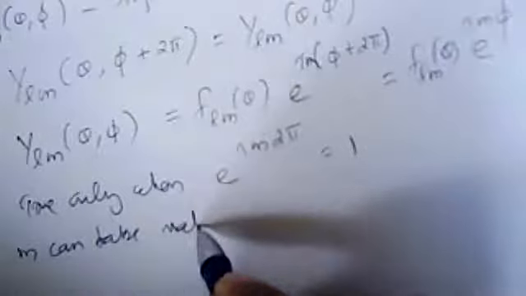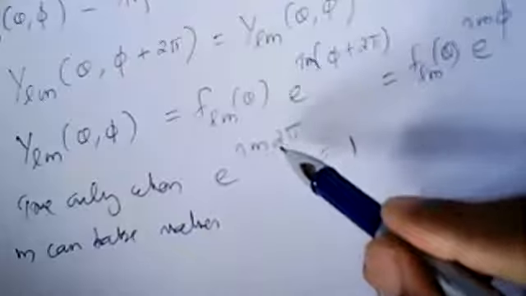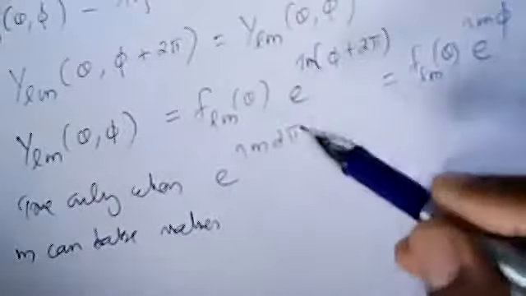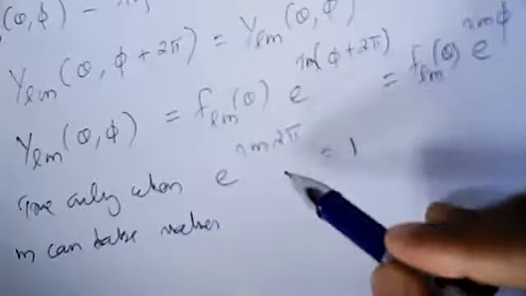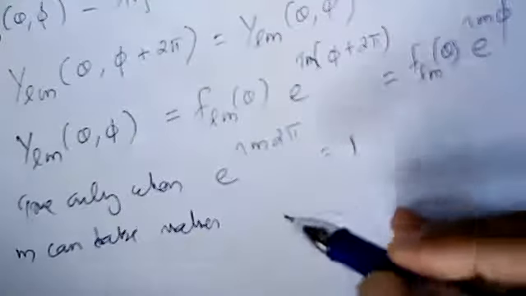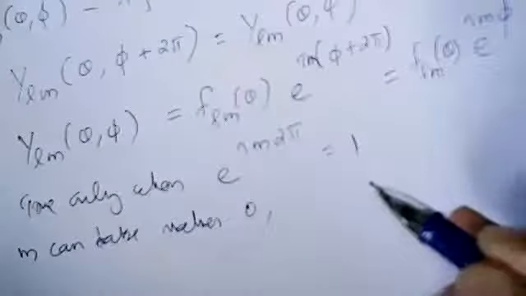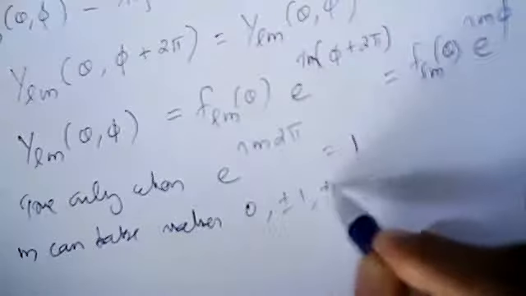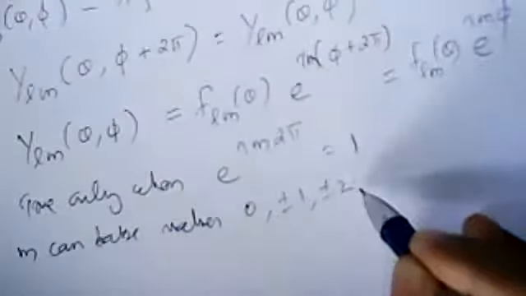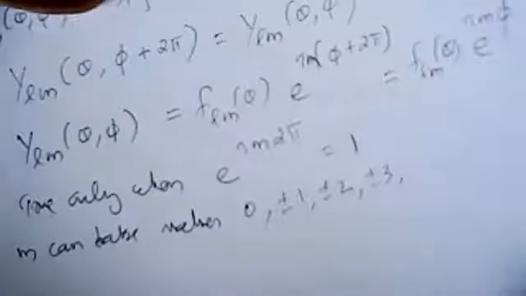That is the question. This e to the power of i m 2π is cos θ plus i sin θ, like that: cos 2mπ plus i sin 2mπ. So m can take values 0, plus or minus 1, plus or minus 2, plus or minus 3, etc. m can take integer values, plus and minus.